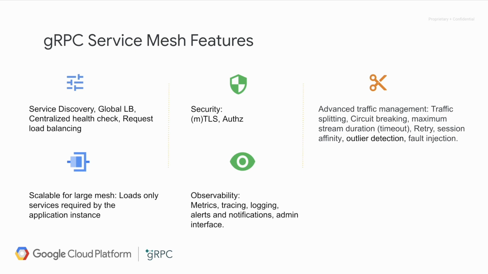If you are a service owner and you want to test how resilient your service is towards your dependent services failing, you can go enable fault injection. If you're a service owner who wants to safely roll out new binaries, you can use traffic splitting. So each of these advanced traffic management tools carry either operational SRE or service owner requirements. You can also enable security.